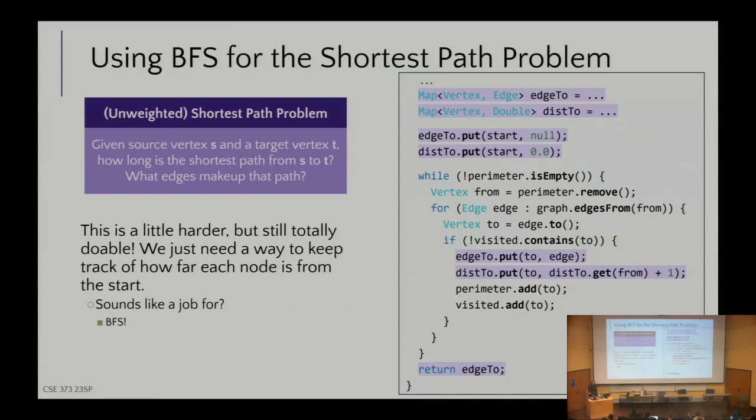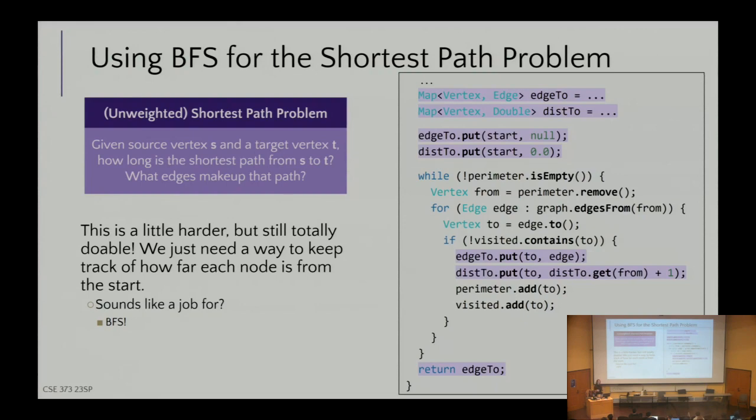So what we can do is take BFS, which is all of the unhighlighted code, and add a couple extra structures to keep track of some information as we go along. The information we're going to want to keep track of is the current distance I am traveling as I'm figuring out this path, so I can tell if it's shortest or not, and also what is the actual path I'm going to take?